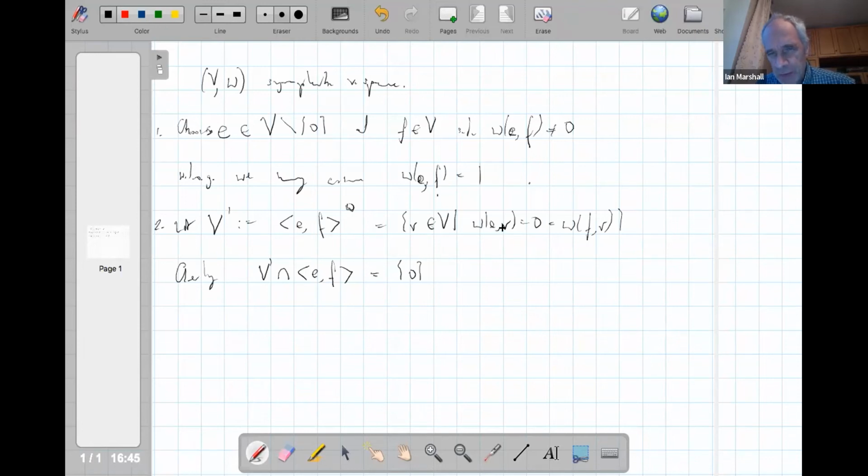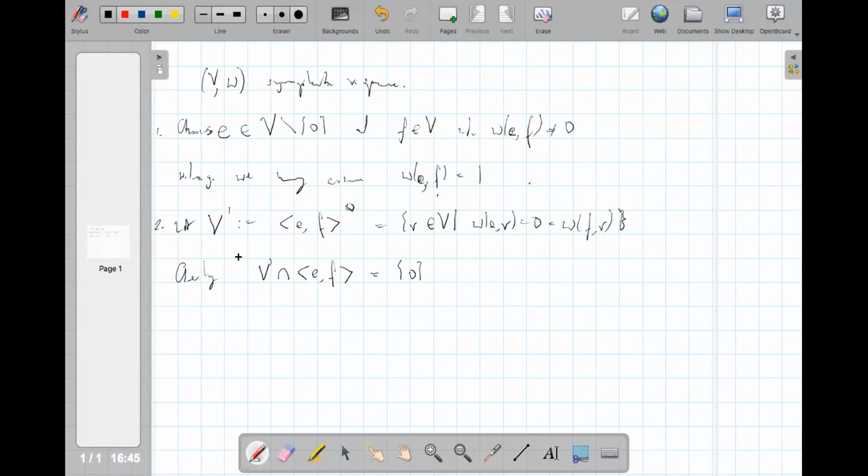If omega of alpha e plus beta f with v is 0, then by linearity that tells me that alpha and beta are 0.